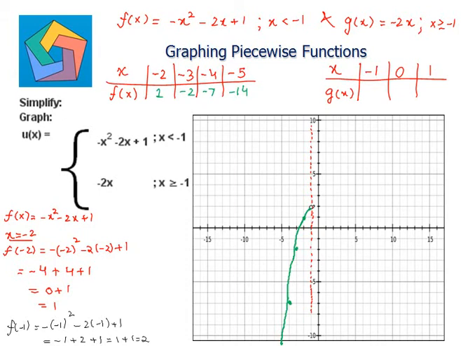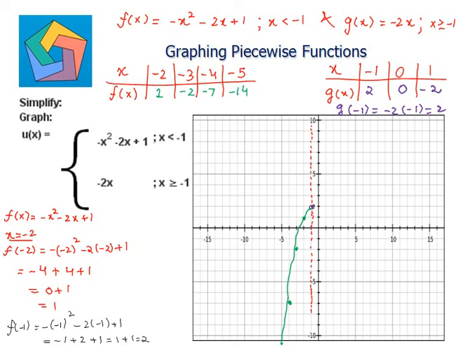Now we can graph g of x. Negative 1, 0, 1 are the points. So g of negative 1 is minus 2 times negative 1, that's plus 2. At 0, it is 0. When x is 1, it will be minus 2. So negative 1, 2. Now this point negative 1, 2 was not included in f of x but will be included in g of x.